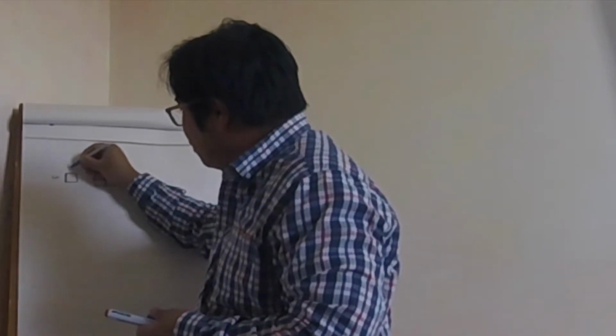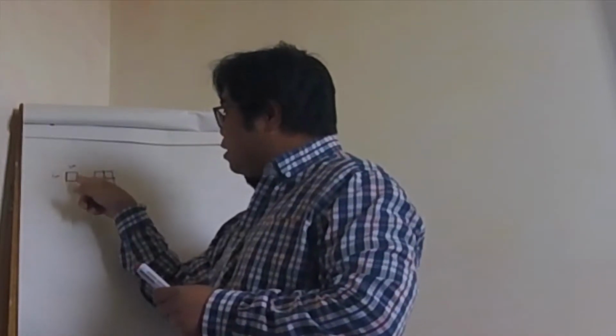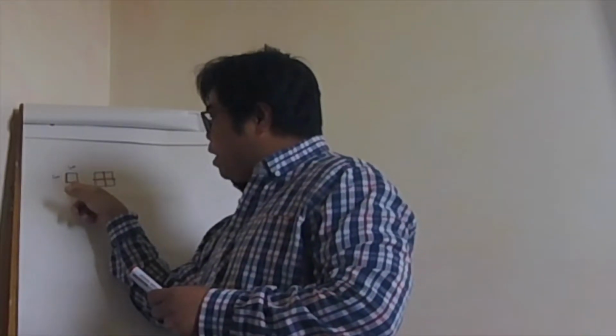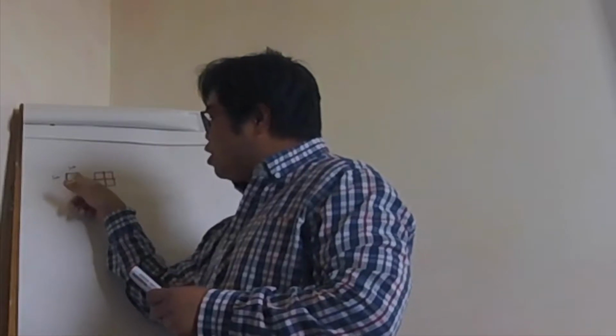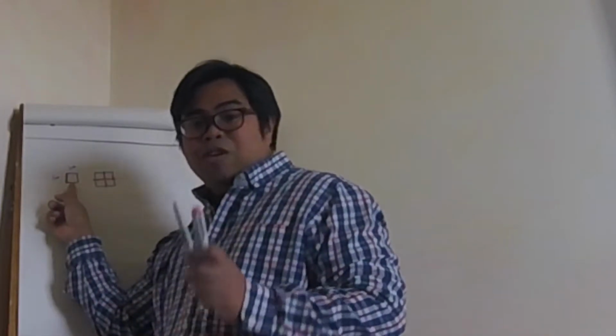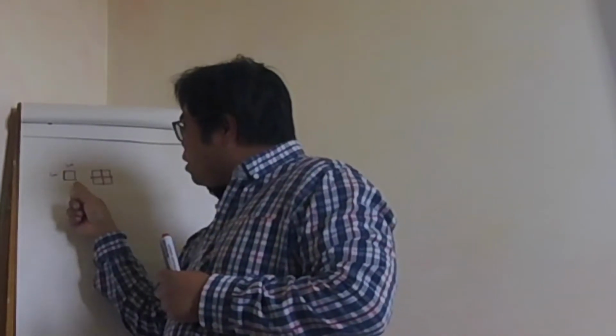What you need to do is this. When I say you measure this in centimeters, in your paper you just say the area of the square is 1 square centimeter.